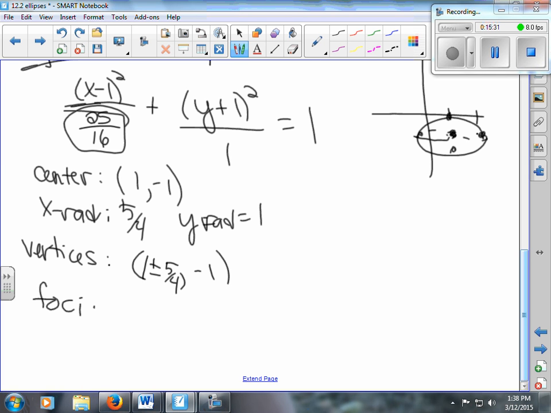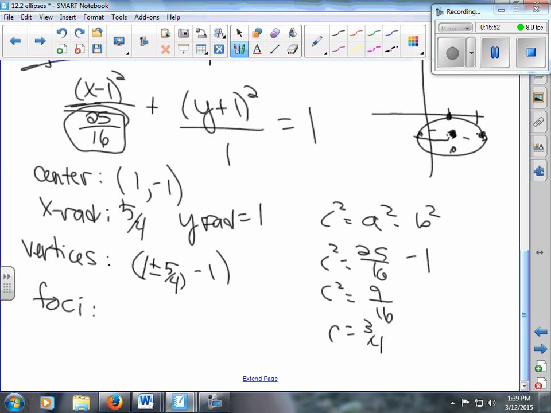Okay, and then let's find the foci. To find the foci, I have to find c. Remember, c squared equals a squared minus b squared, or whichever one is bigger minus the smaller one. So c squared here is 25/16 minus 1, which is 9/16. And so c is 3/4.